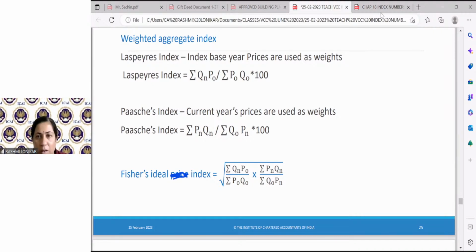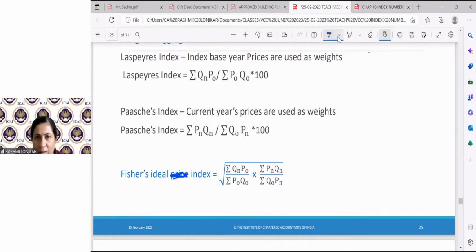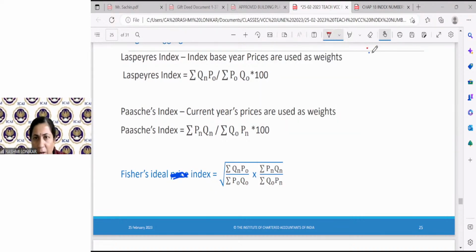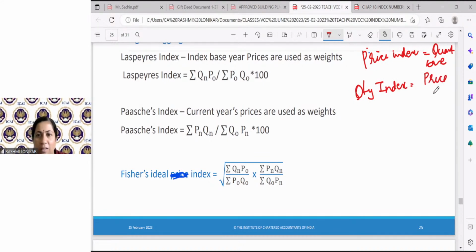Okay, remember for price index, we use quantity in the base year as weight. In quantity index, we will use price in the base year as weight.